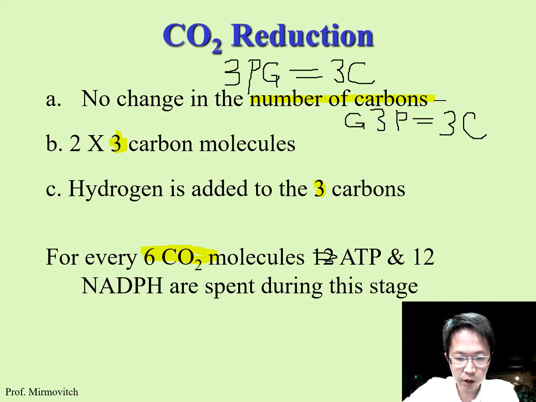It is not 12, it should be 18 ATP. So 18 ATP and 12 NADPH are spent during this stage.